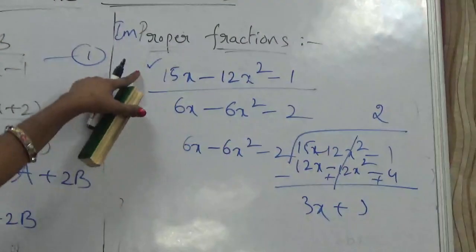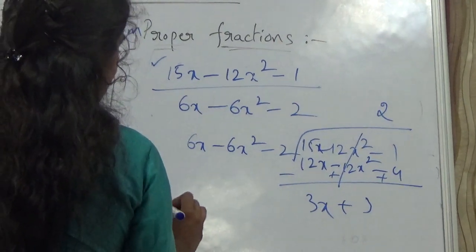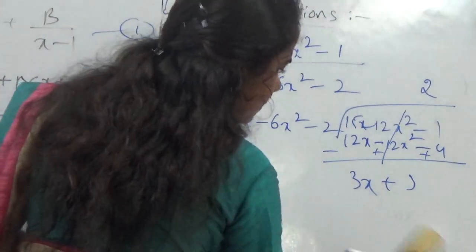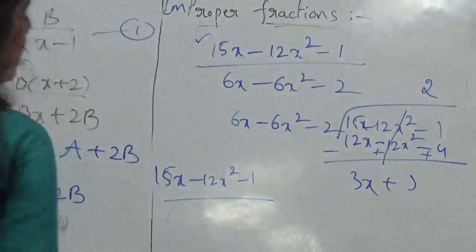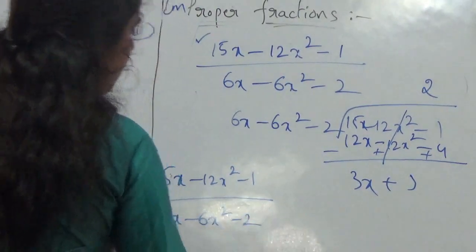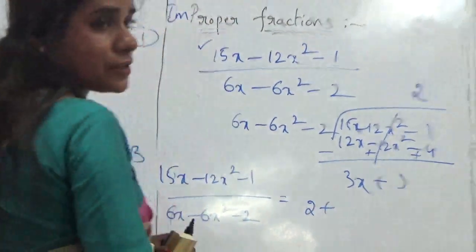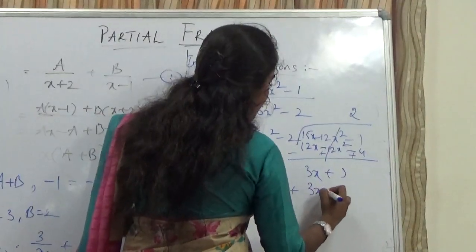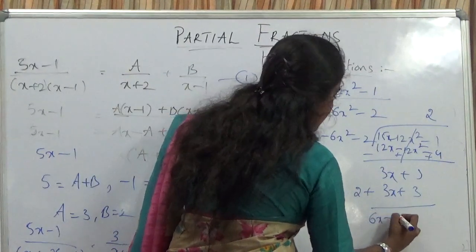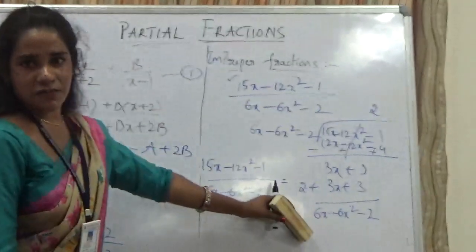So the given fraction (15x minus 12x square minus 1) by (6x minus 6x square minus 2) equals the quotient 2 plus the remainder 3x plus 3 by the divisor 6x minus 6x square minus 2. So this is the proper rational fraction.